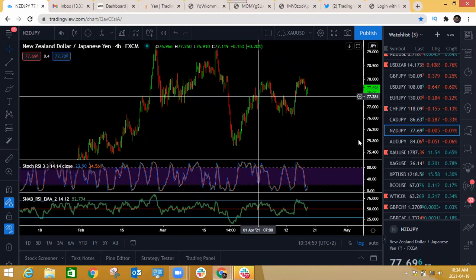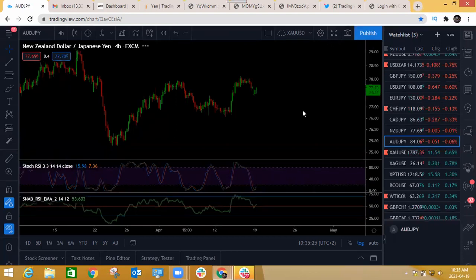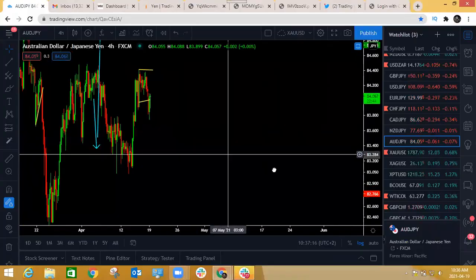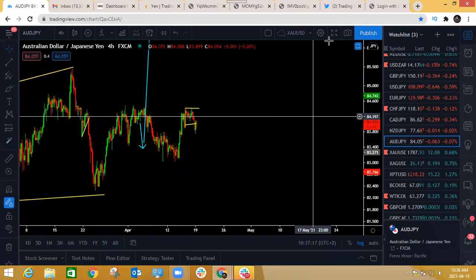Audi yen. So Audi yen, just one second. Right, let's resume. So Audi US dollar, we're looking for this to continue to the upside.